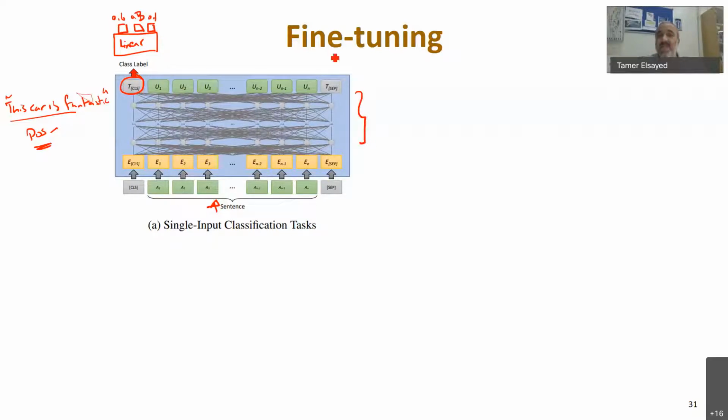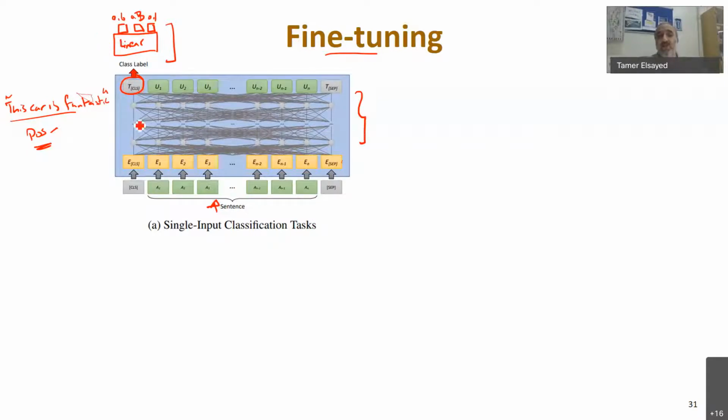That's what we actually mean by fine-tuning. If I only train this classifier, this is not fine-tuning the pre-trained model, because we are not changing the model itself. But by learning that classifier, we also update the model based on the loss function that we use to train that classifier.